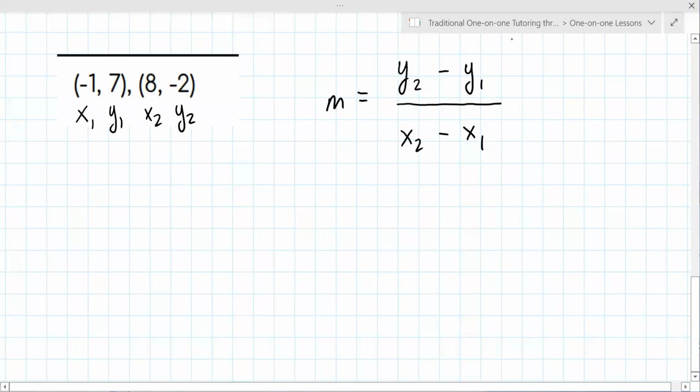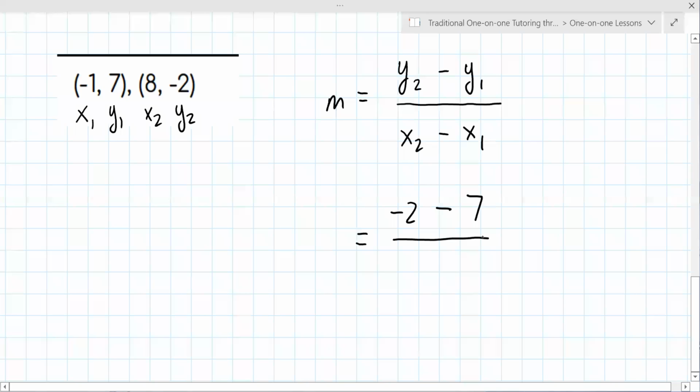The more you write it down, the more you say it, the more you understand it. It's like remembering your phone number. Probably the first time you remembered your phone number, you had to say it or write it down a few times. Okay, now what is the value of y2? It's -2. Minus, what is the value of y1? 7.